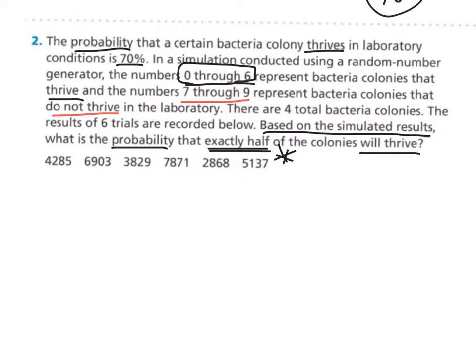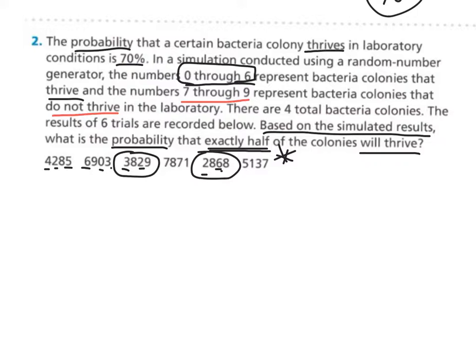So looking through these, ones that have exactly 2 out of the 4 that are from 0 through 6, 3829 would be one, and then 2868 would be the other one. This first one, there's a 425, that's got 3 of them. Second one, we got 603, that's got 3 of them.